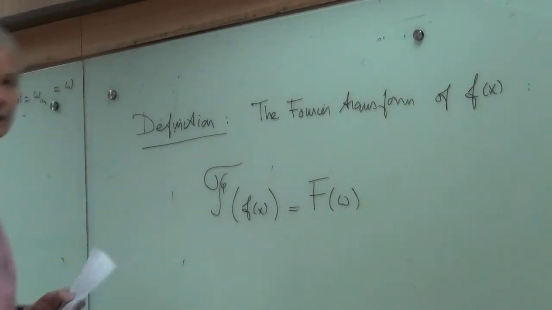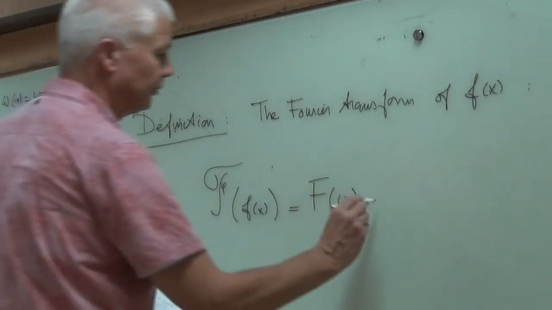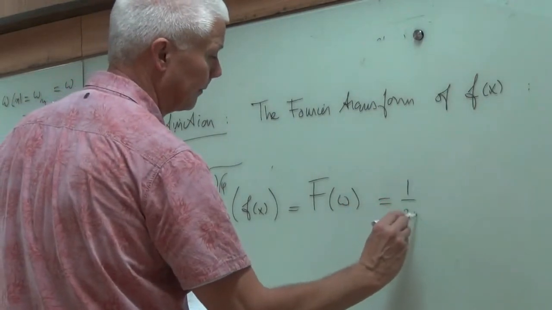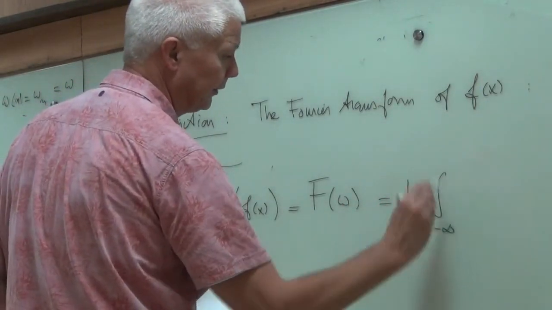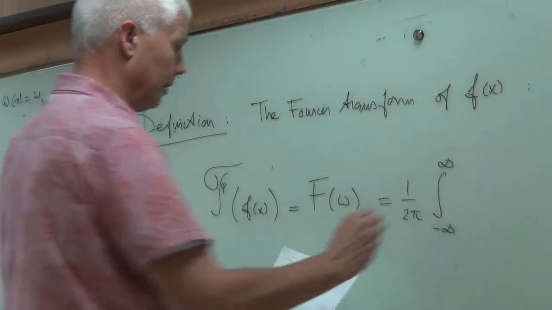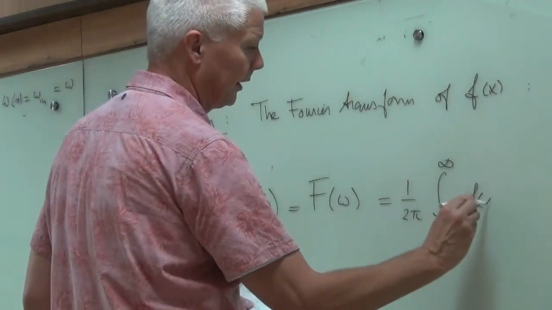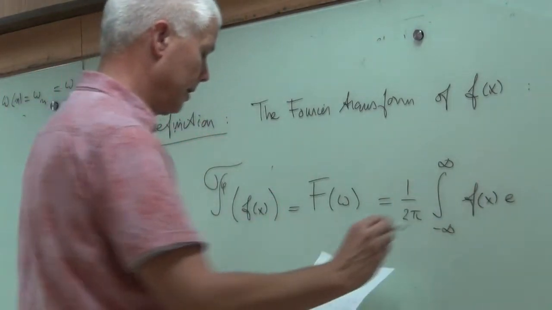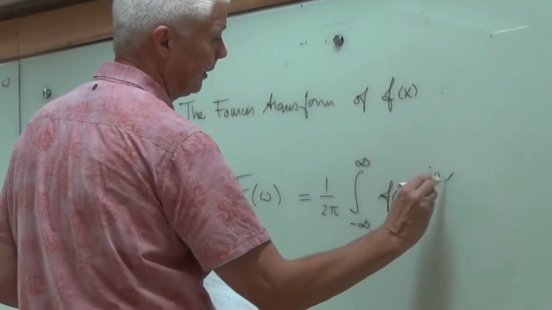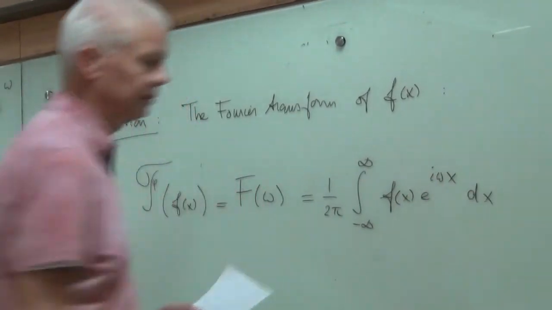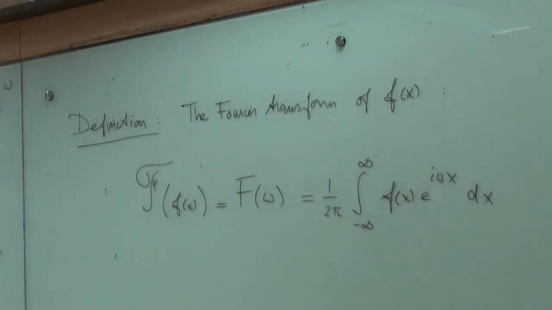That's a function F depending on omega, and that is defined to be 1 over 2 pi, integral from minus infinity to plus infinity, f(x) e to the power i omega x dx. That's the definition.